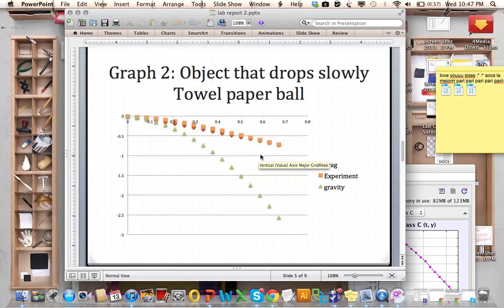Here it is very similar again to the experiment, and there's a huge difference between the experiment and the gravity, and the drag and the gravity, as you can see in this chart. Why is this? Because the drag is larger since the ball drops slower.